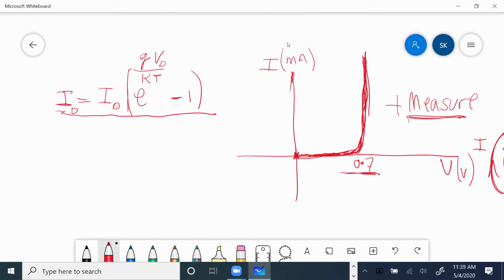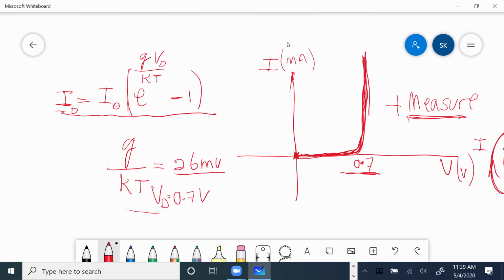Now, this q over kT we can substitute values for. At room temperature it is 26 millivolts. Let me say I am applying VD to be 0.7 of a volt.